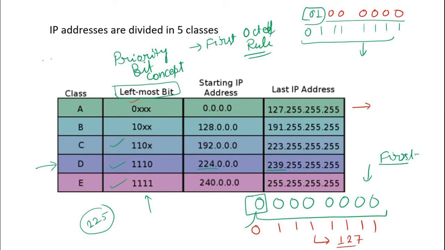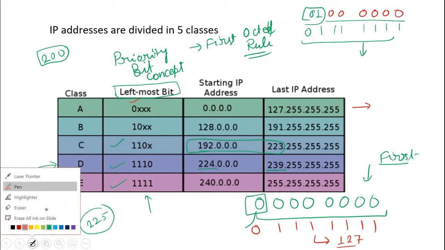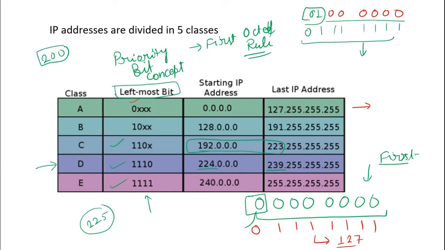If the number is 200, where does 200 come? It comes somewhere in between 192 to 223, right? So that's why this belongs to the class C IP address.